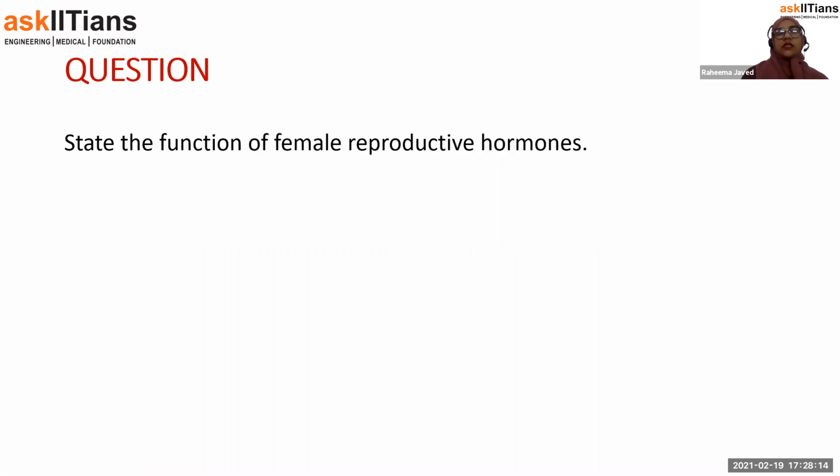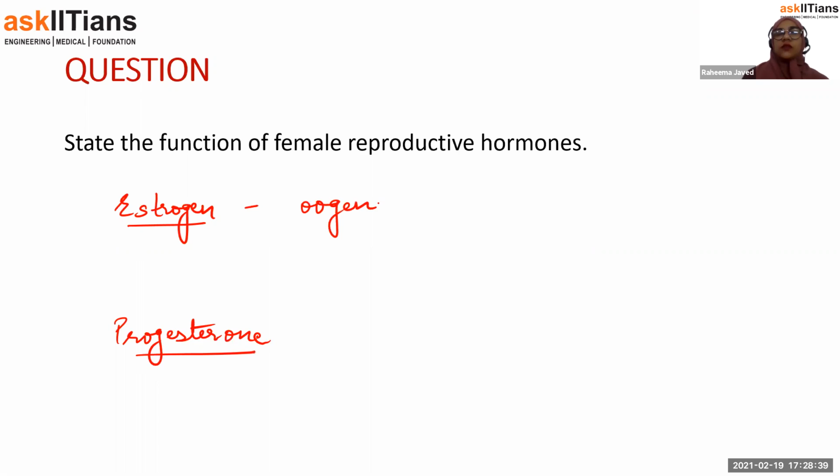Okay, so let's move on. And here we have to state the functions of the female reproductive hormones. Function is written here, so one function is enough. You're again well aware of the functions of the two female reproductive hormones, which are estrogen and progesterone. Estrogen is involved in the oogenesis process.